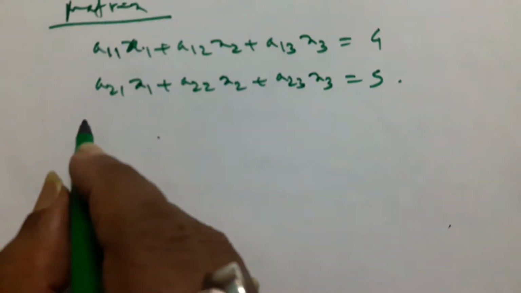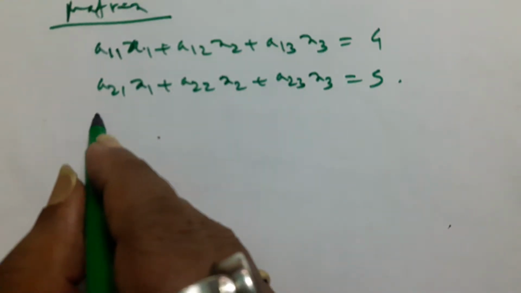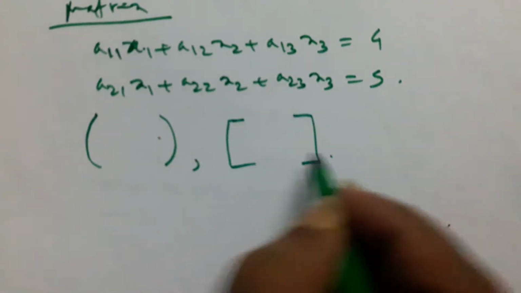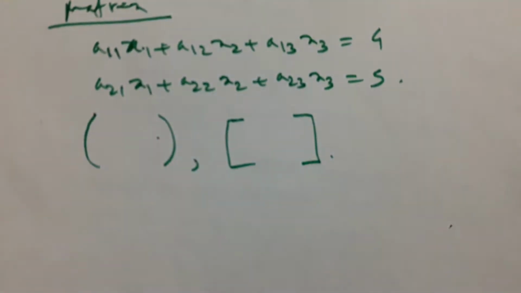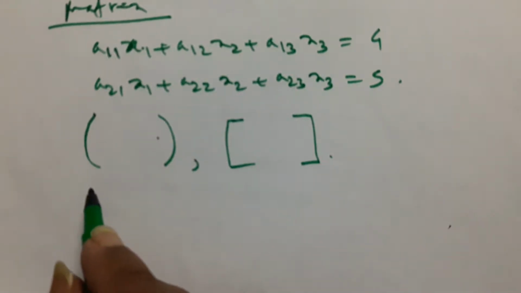If we represent this in matrix notation, there are two kinds of notation, either this type or this type, with round brackets or square brackets. These are the two example notations we use to represent a matrix.